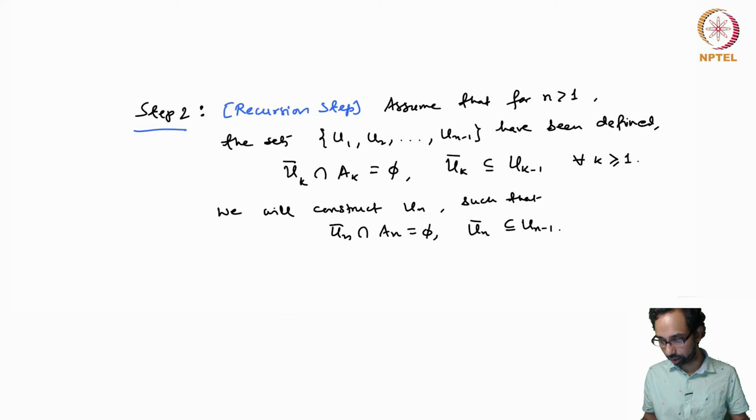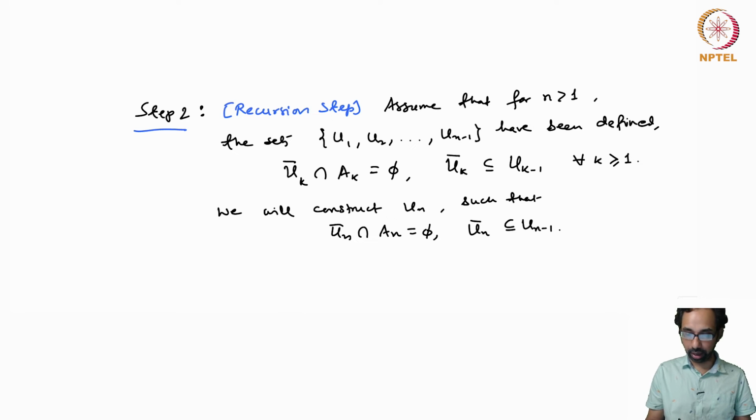Now, the second one is also almost the same. This is the recursion step, and we recursively define our open sets Un. So if U1, U2 up to Un minus 1 have been defined, we define Un, and this is also the same as before, but here we make a slight modification.